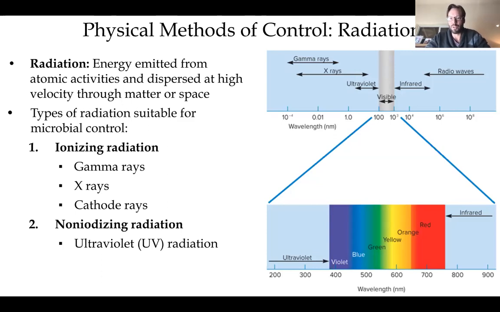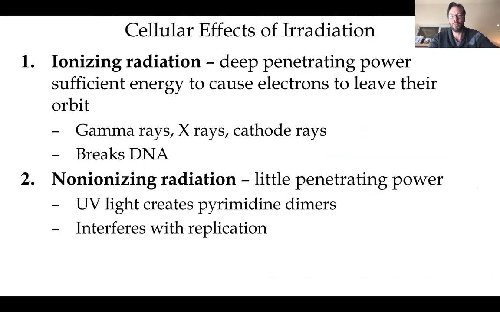Ultraviolet radiation, right? It's not going to break the DNA, but it's going to alter the DNA. That's going to lead to issues when that DNA is then transcribed into RNA. We can go through this a little bit. Ionizing radiation is going to break the DNA.